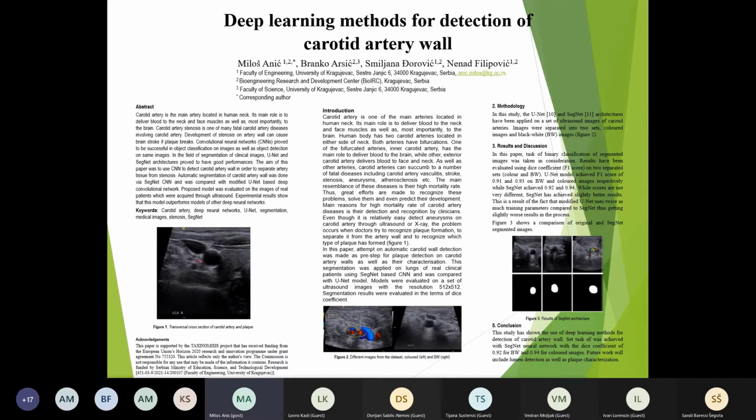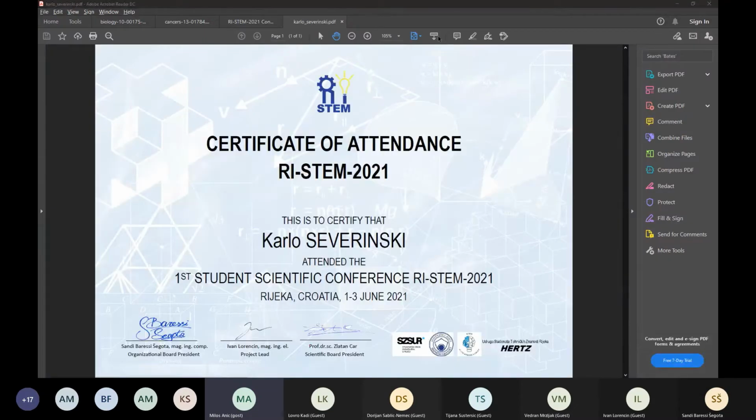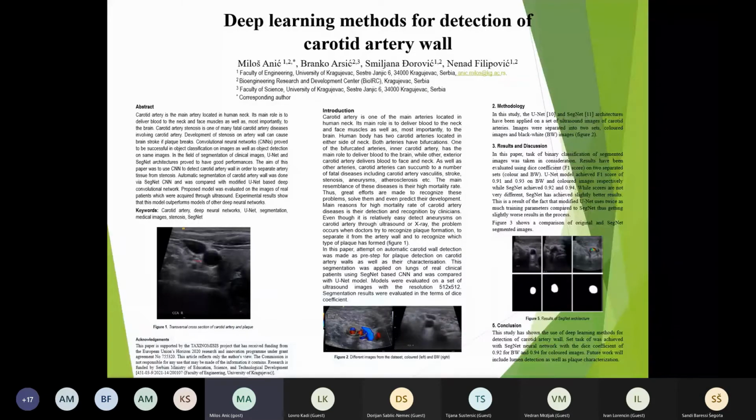So the clinicians made great efforts to study the types of plaque and to characterize them the best they could.